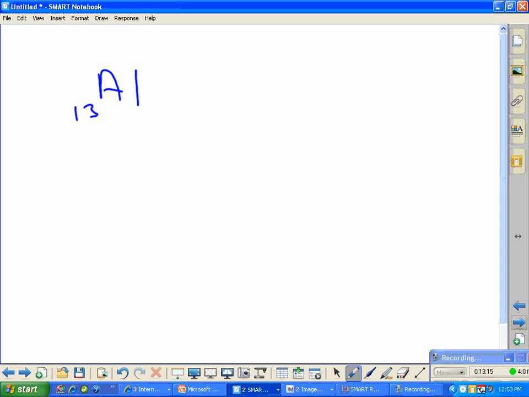Okay, so we look at the atomic mass. It's 26.98. Essentially 27. Okay, we've got to round it. And that's going to be the mass number for the aluminum isotope on the periodic chart. So, when this guy forms an ion, he's going to be Al3+.